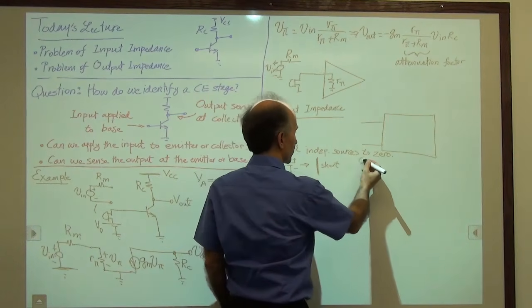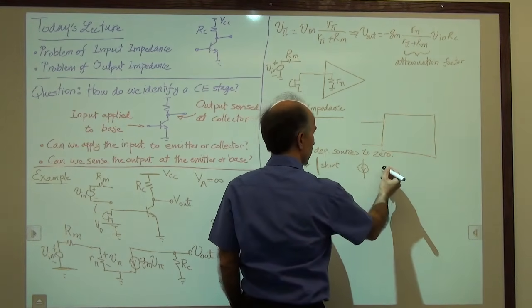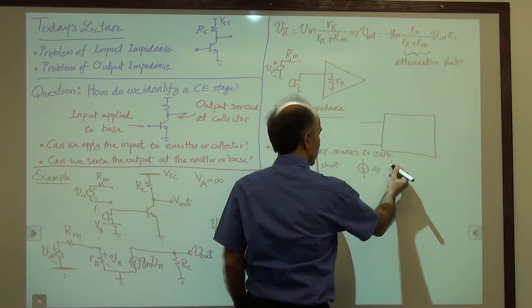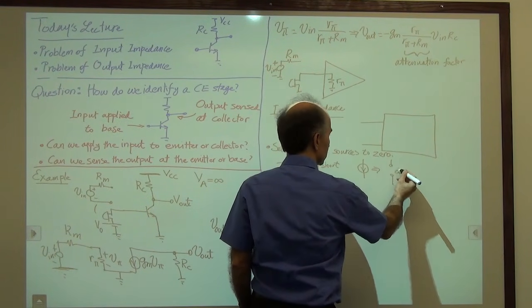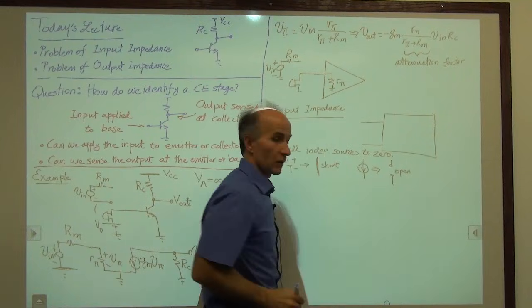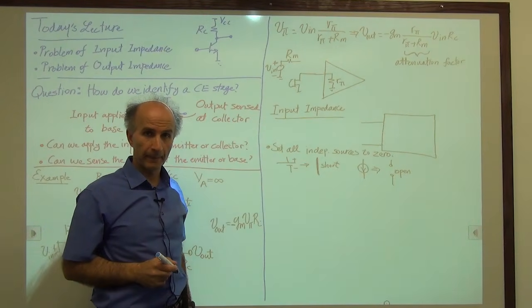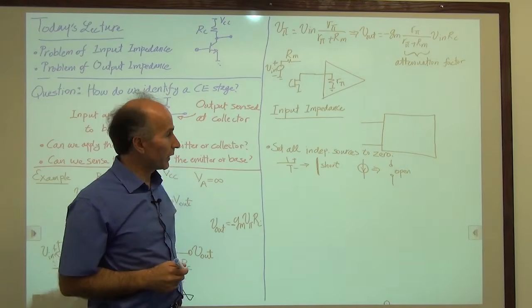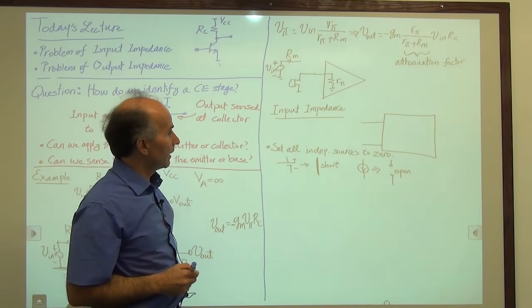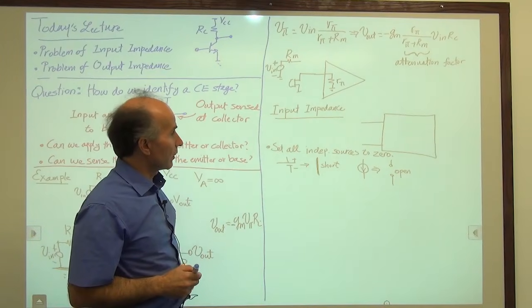And if we have a constant current source, it becomes an open circuit. These are examples of independent sources that are set to 0.